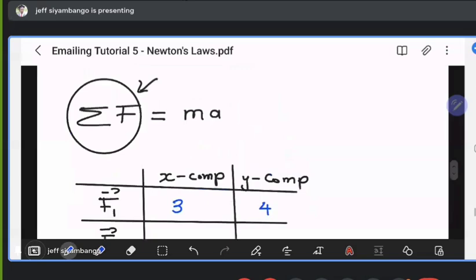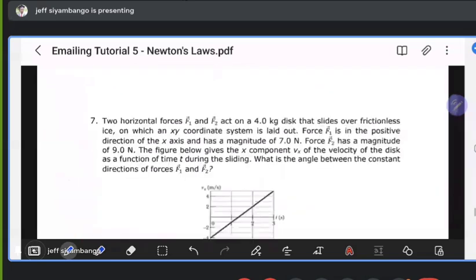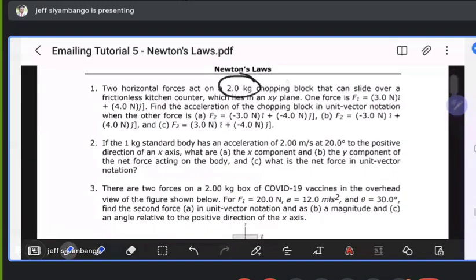So look at A, for example. In A, what are they saying? Find the acceleration of the chopping block in unit vector notation when the force F2 is equal to this. So in this case, they're saying F2 is equal to minus 3I minus 4J.